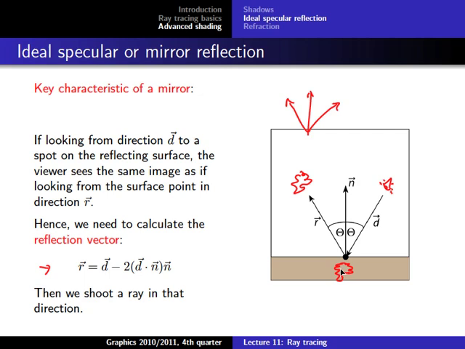Here we're shooting the ray from the eye, which means this vector has a different direction. If you remember, for the Phong shading we showed that this equation leads to the reflection vector by taking the vector d, but in the Phong shading it was L and then minus L. In this case it is of course the vector d, because it already points in that direction.